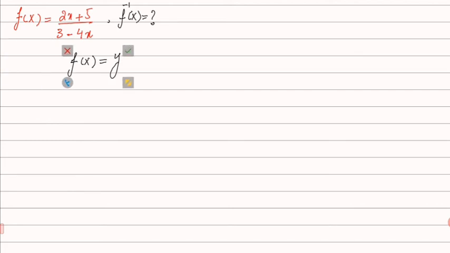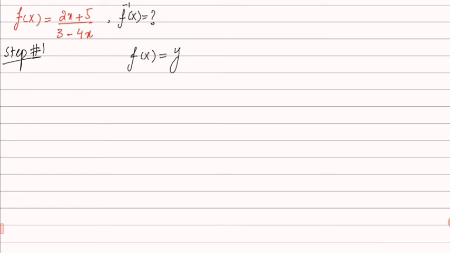It's always your first step: let y equal f of x. That is called step number 1. You don't need to write step 1, step 2 in the exam; it's just for your practice for now. f of x equals y. Okay guys, f of x equals y. So y is equal to 2x plus 5 divided by 3 minus 4x, right?